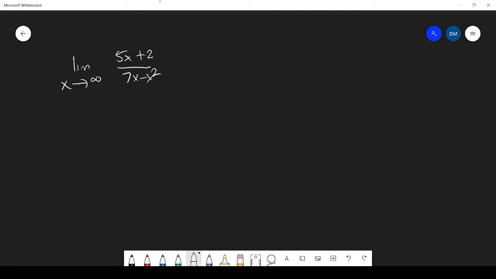So, pagka ganito, di ba, kung titingnan natin, meron tayong 5x plus 2. Since we're approaching infinity, our numerator is infinity. Di ba? Kasi that's 5 times infinity or a very large number. Now, ganun din dun sa baba. Kasi, dun sa baba natin, we have 7x.